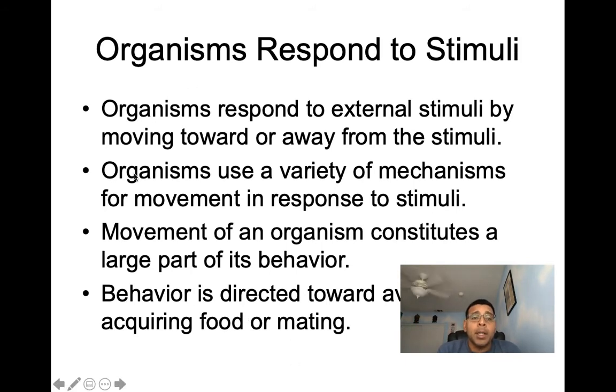So here you could see, as we said, we'll use nervous system and musculoskeletal systems. Organisms use a variety of mechanisms for movement in response to stimuli. And movement of an organism constitutes a large part of its behavior. Behavior is directed towards avoiding injury, acquiring food, or mating.